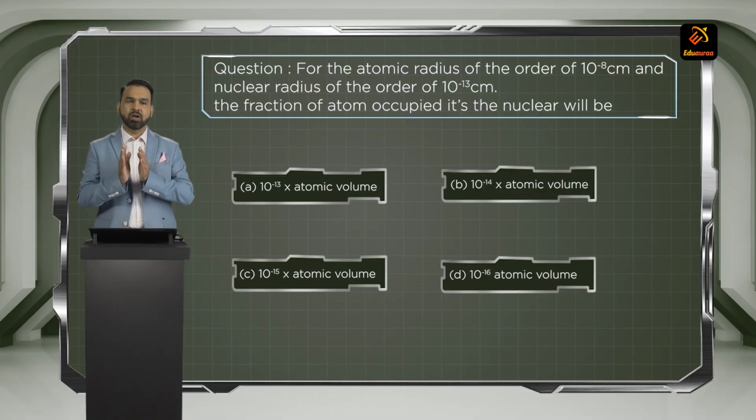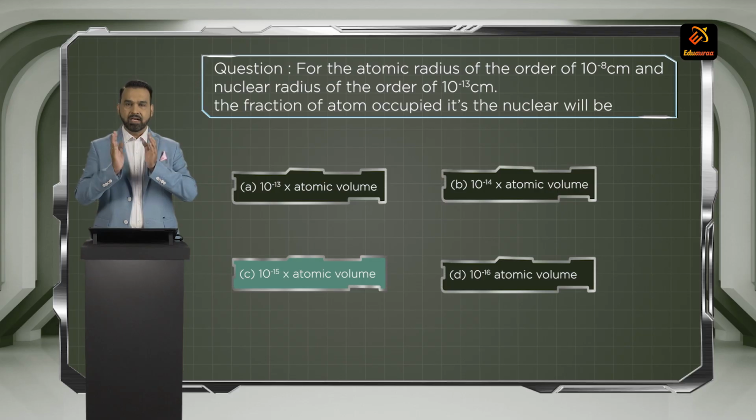You have to find the ratio of the radius of the nucleus to the radius of the atom. If you see, the ratio should come of the order of 10 raised to minus 15 times the atomic volume occupied by the nucleus as well as the atom.